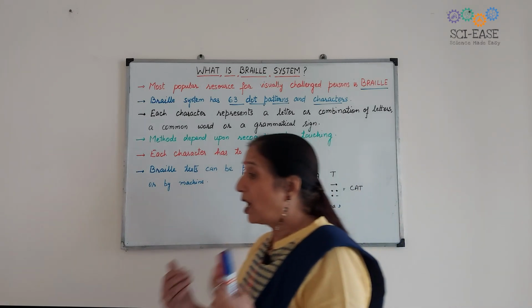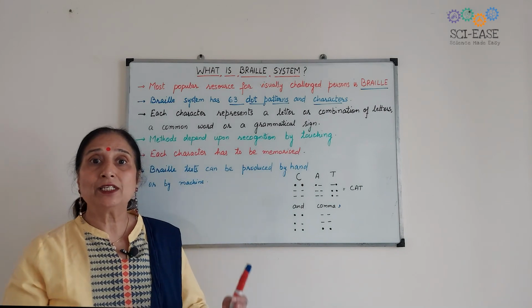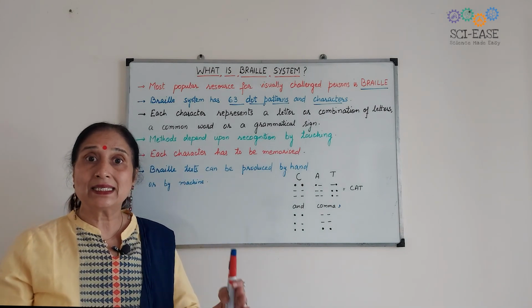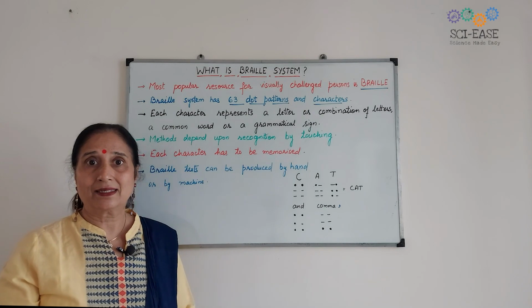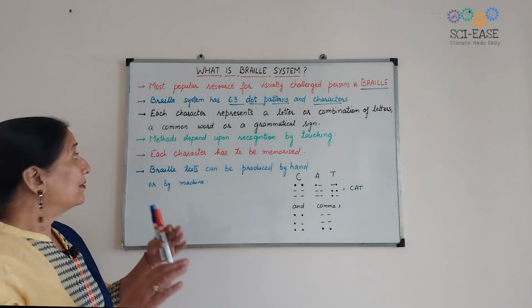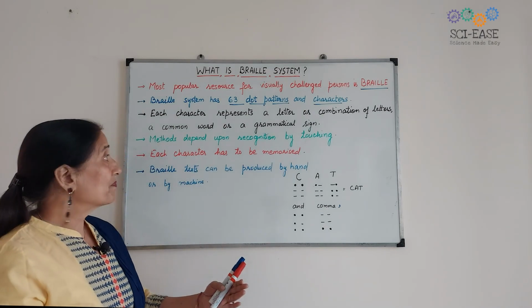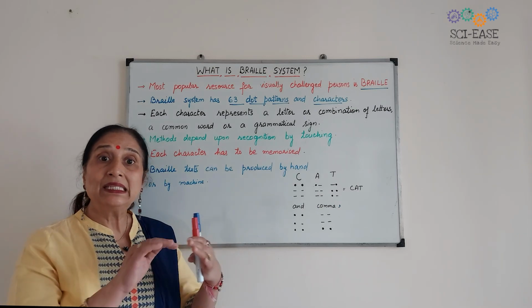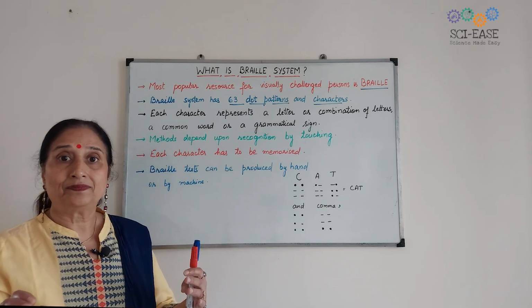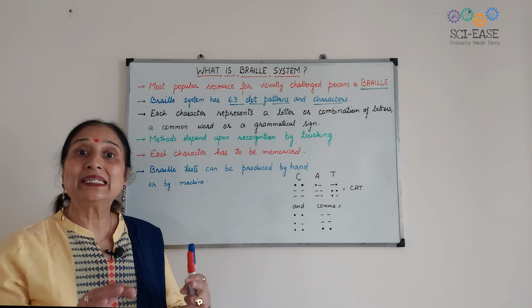So, how does a visually challenged person recognize the letters? He or they, you can say, recognize these dots and lines by touching.